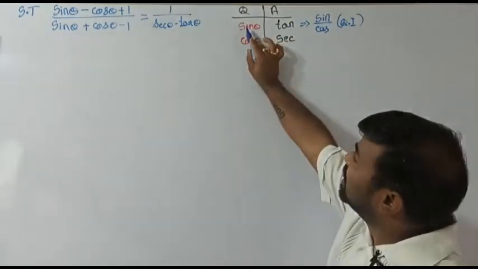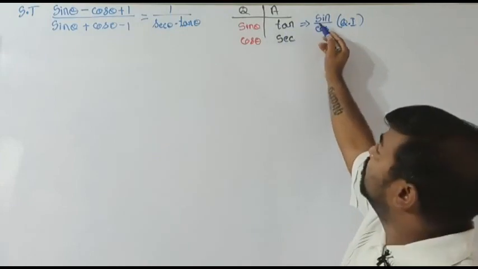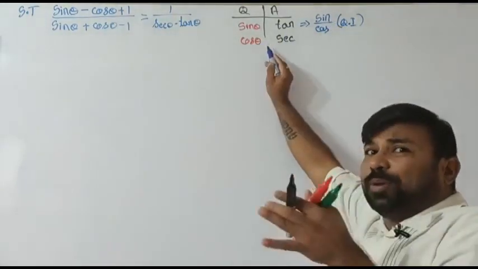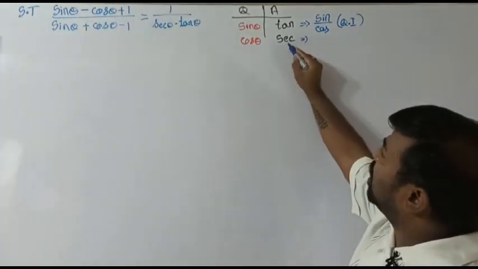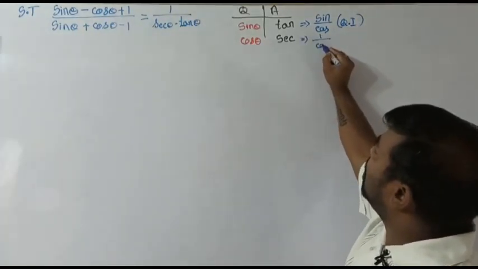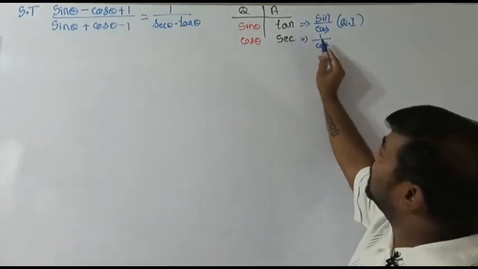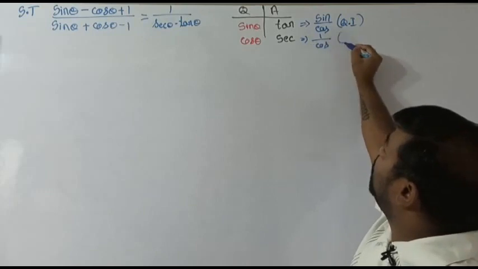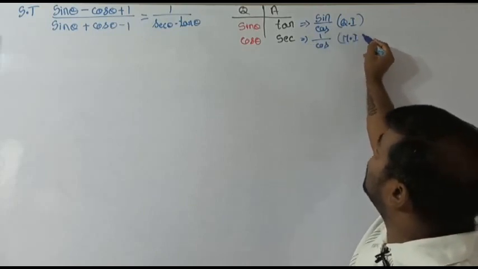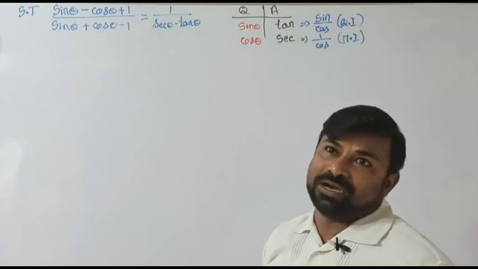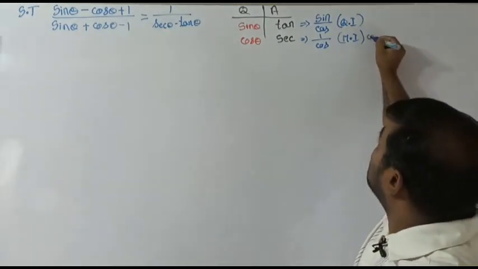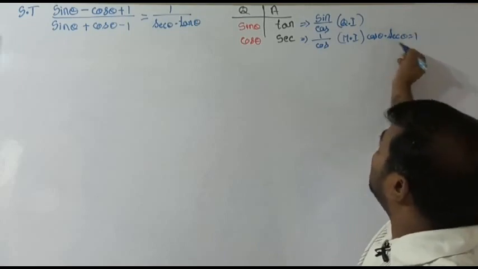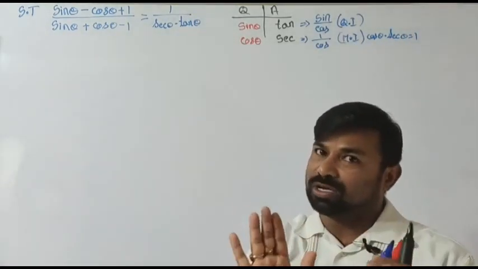Now, how can cos be converted into secant? Secant is nothing but 1 by cos, with the help of the multiplicative identity: cos theta into secant theta is equal to 1. That's the multiplicative identity you are supposed to remember.